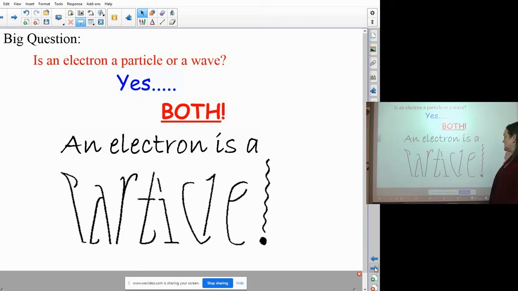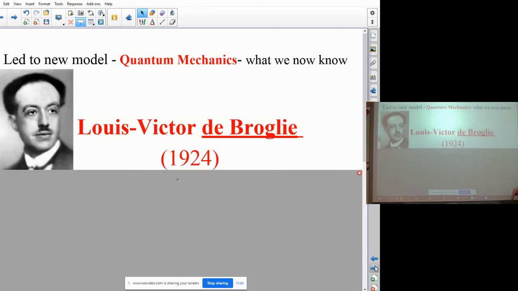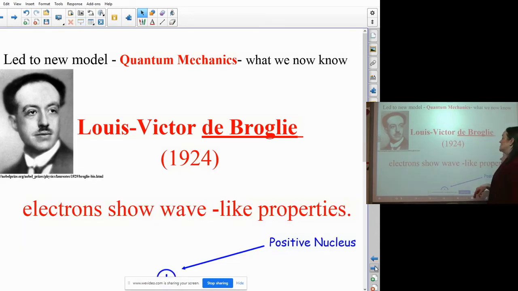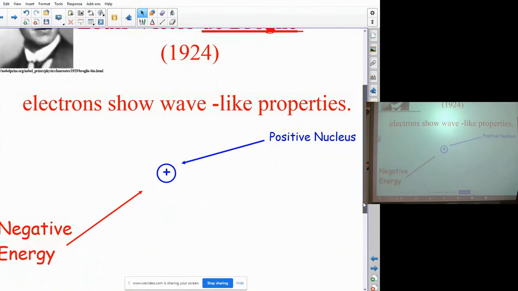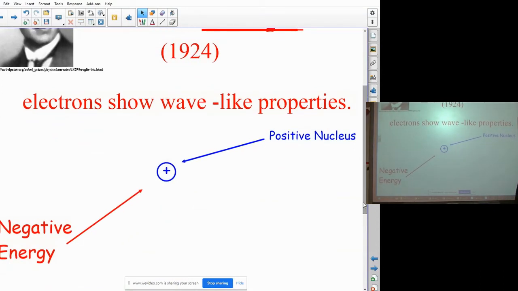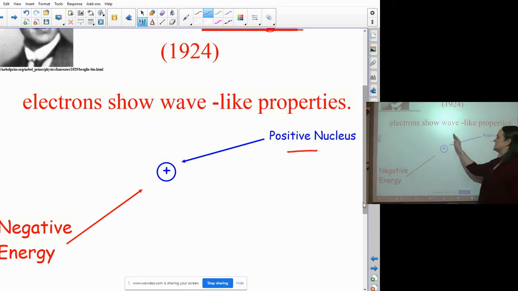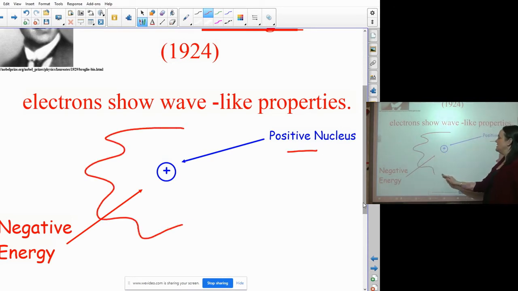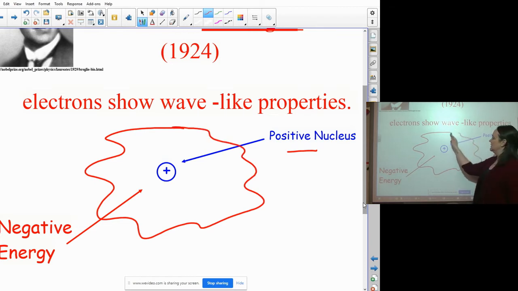So let's talk about the scientist that got us to this understanding. His name is Mr. de Broglie, Louis Victor de Broglie. He was working in the 1920s, and he is the first person to lead us into our new model called quantum mechanics. And what de Broglie said is that electrons can show wave-like properties, and his new model is that you have a positive nucleus, but then you have negative energy, okay?